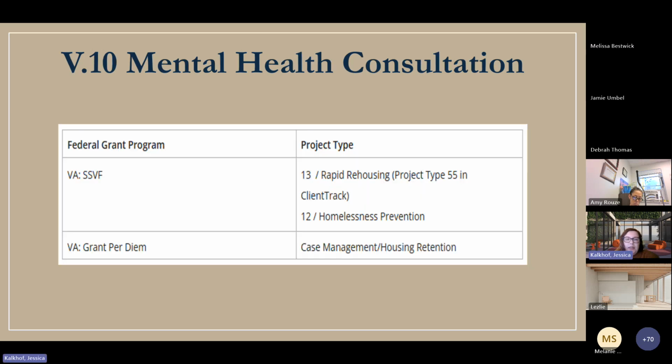And these are the projects that will collect the mental health consultation information: rapid rehousing and homelessness prevention SSVF projects and VA grant per diem projects that have the project type of case management / housing retention.